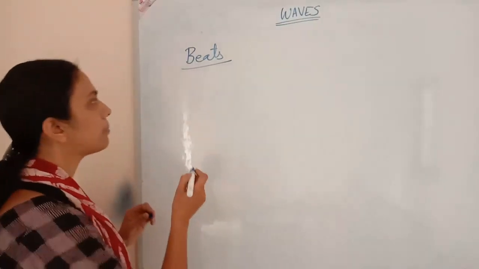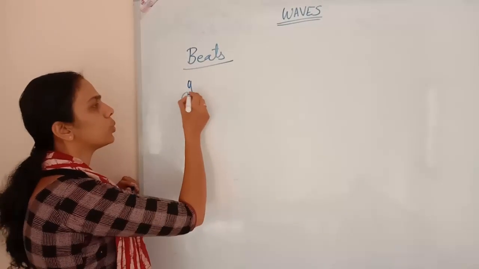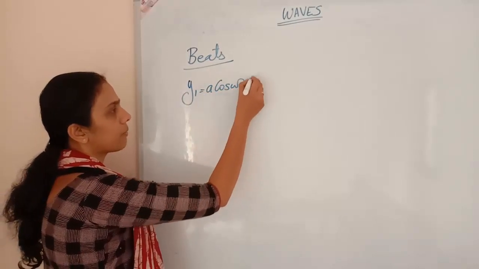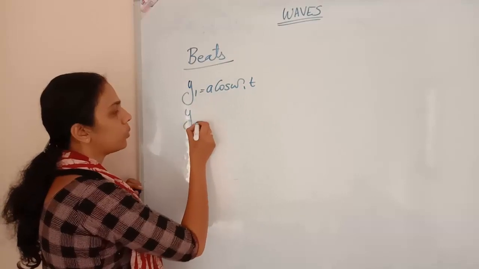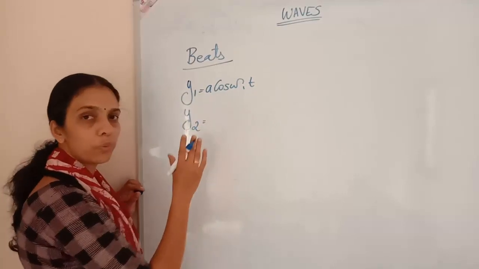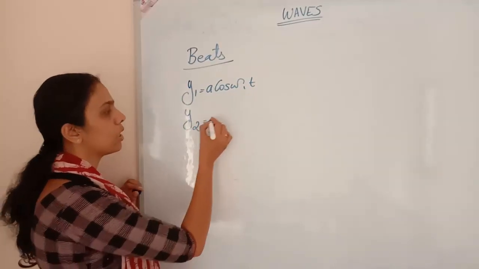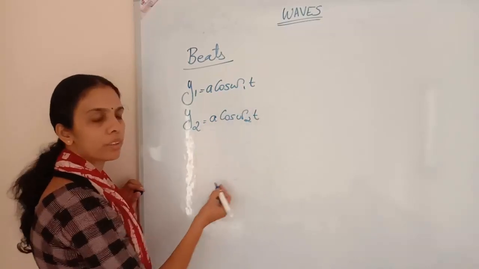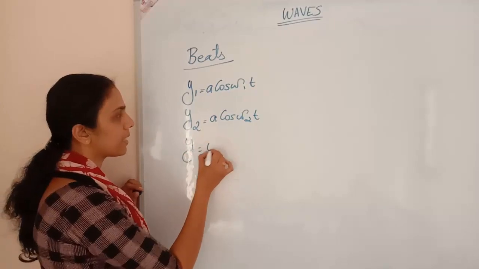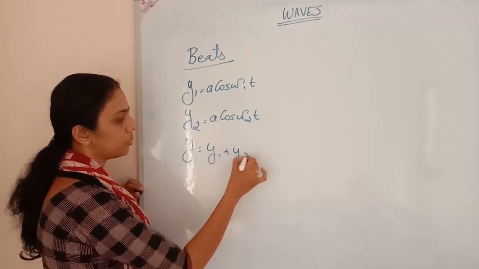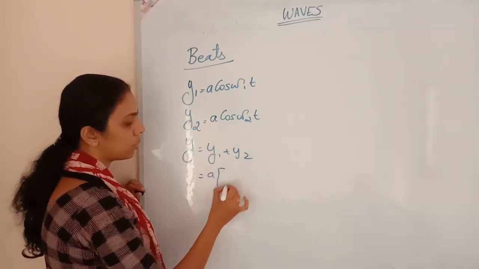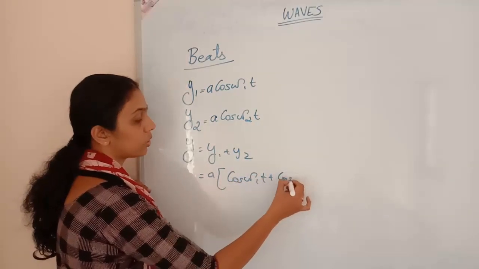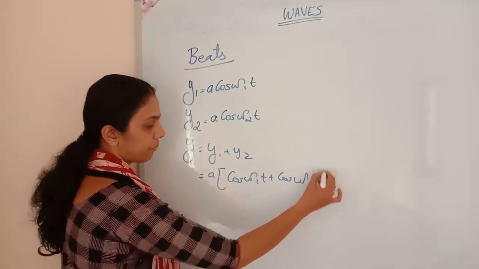Here I am considering two waves having the same amplitude: y1 equals A cos omega 1 t and y2 equals A cos omega 2 t. Superposing means y equals y1 plus y2, that is A into cos omega 1 t plus cos omega 2 t.